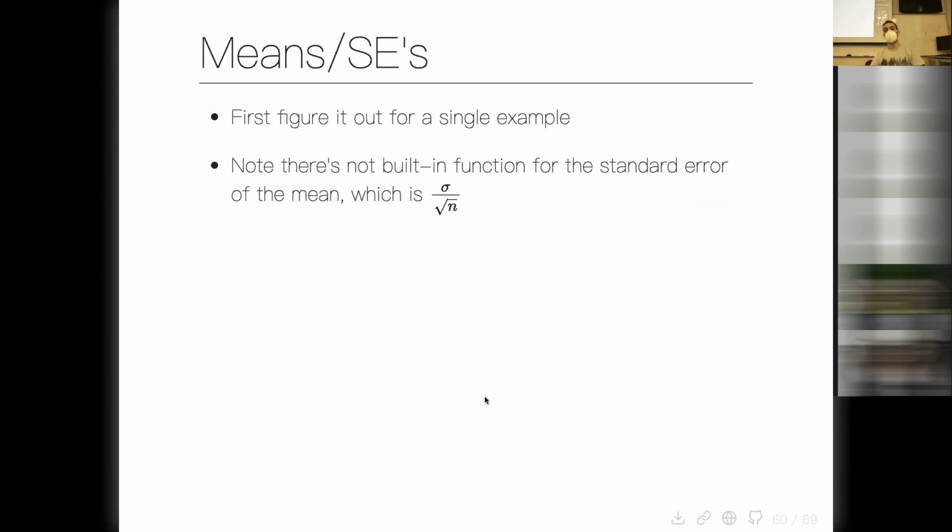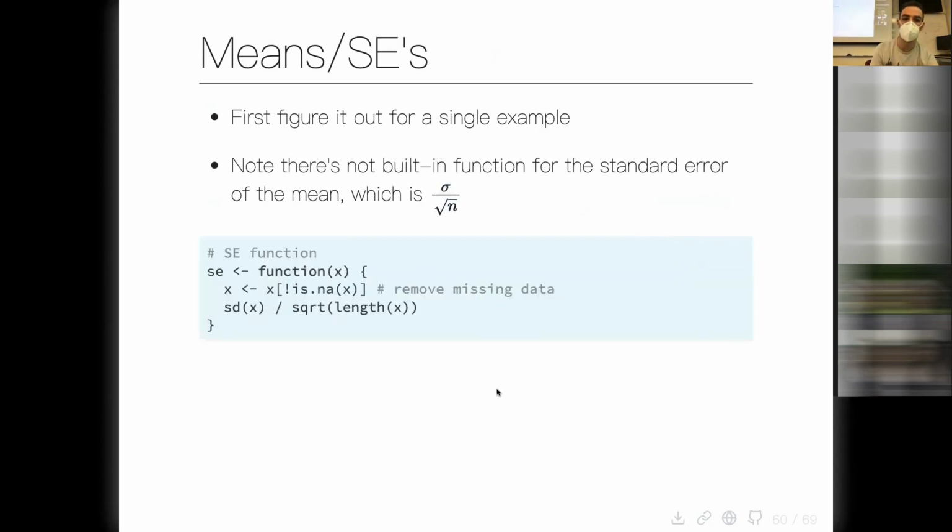We'll then use that function to create a plot. First thing, standard errors. There is not a built-in function in R for computing the standard error of the mean. It seems very strange to me that there is not, but there is not. It is just the standard deviation divided by the square root of n, so we can create that function ourselves very easily.